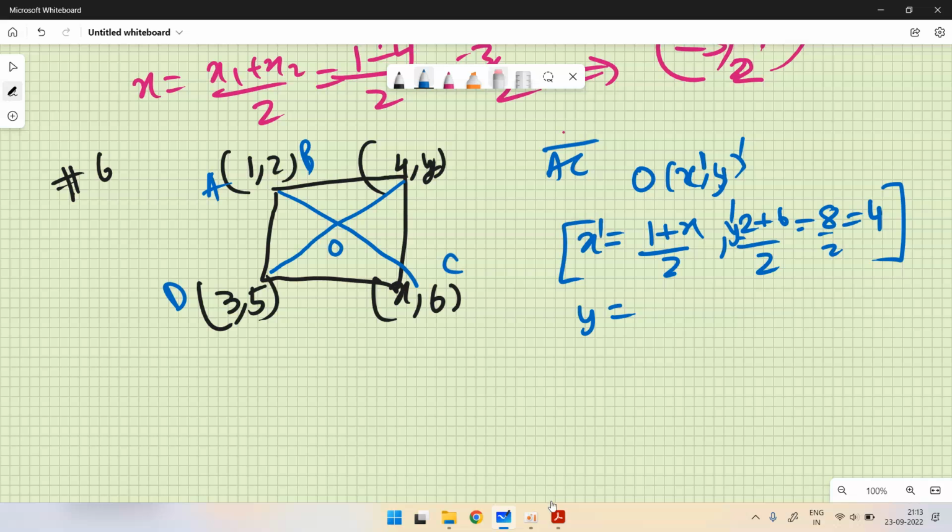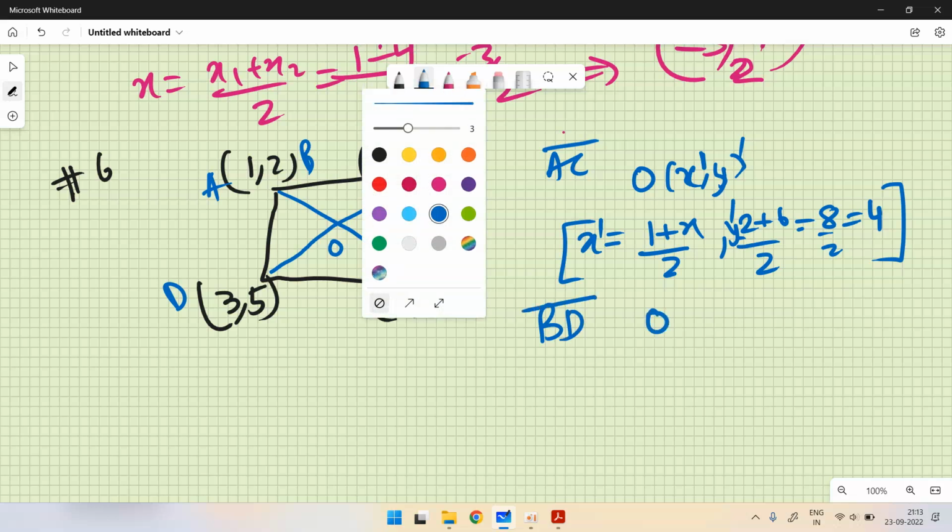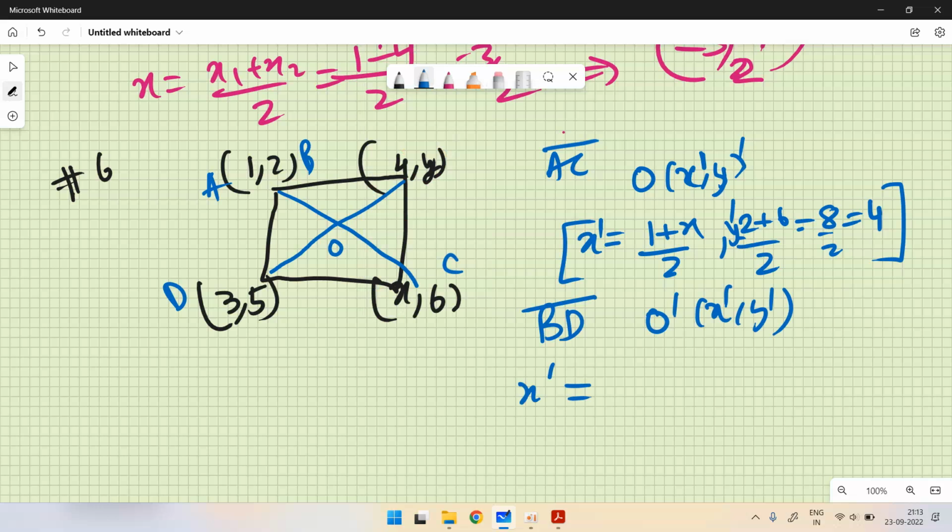Now for BD, what is O dash? O dash is x dash comma y dash, where x dash is (3 plus 4) by 2, and y dash equals (5 plus y) by 2.